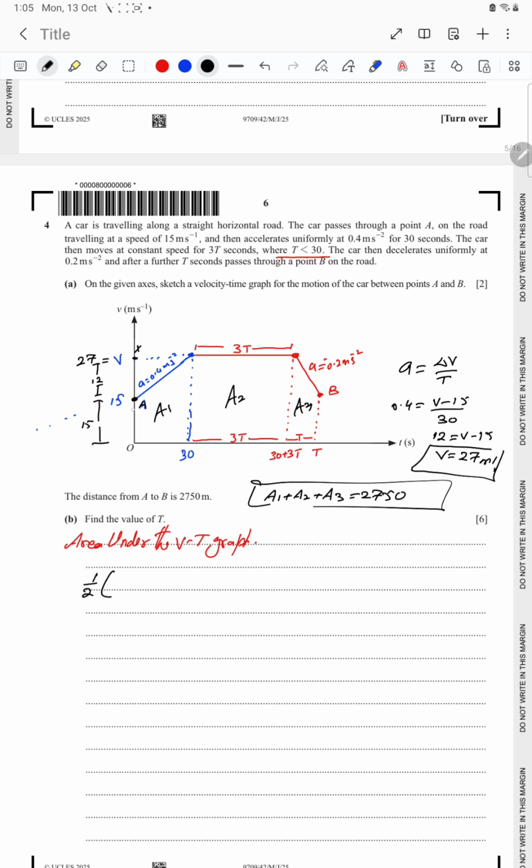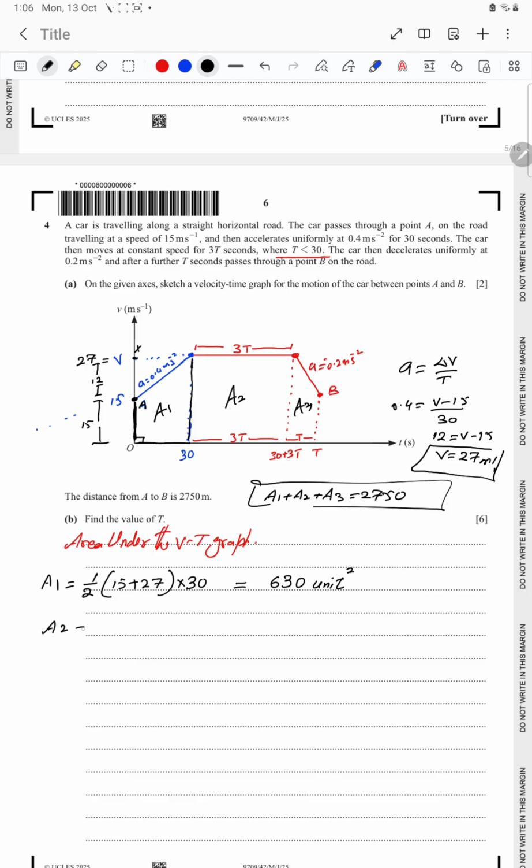The sum of parallel sides: one side is 15, plus the other side, which goes up to V, that is 27. 15 plus 12 is 27, and the perpendicular distance, the height, is 30. So I will write this. This is the A1 I calculated. You can solve it separately, the choice is yours. On the calculator I get 630 square units.